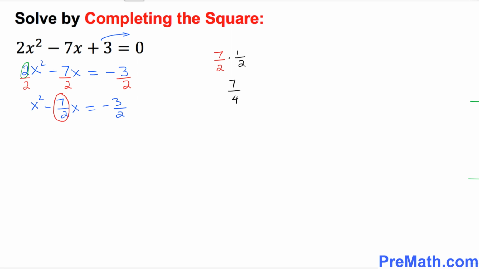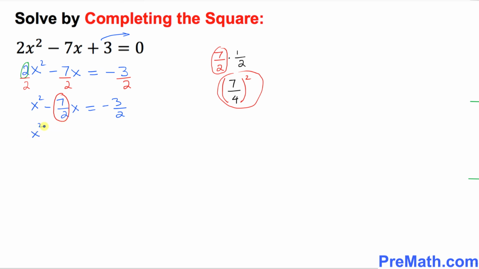And finally, whatever quantity you got, you must square it. So once again, this number that we picked from here times 1 over 2 becomes 7 over 4, and then square. This is the quantity that I will be adding on both sides of this equation. So let's go ahead and start working on that.